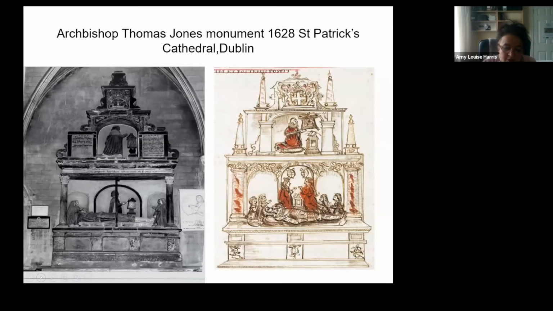The Jones Monument in St. Patrick's Cathedral, Dublin. On the left, you can see what it looks like now, and on the right, you can see Dingley's drawing, and you can see various parts of the monument have disappeared. Obelisks, you see the little decoration of military implements at the base. They're very worn.